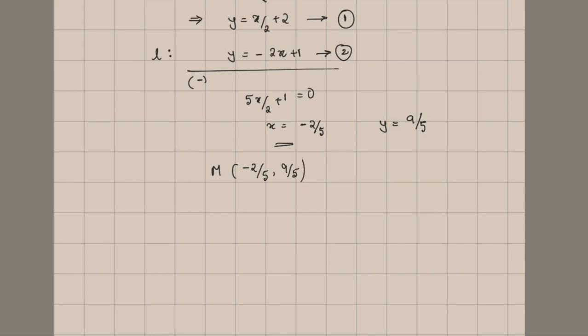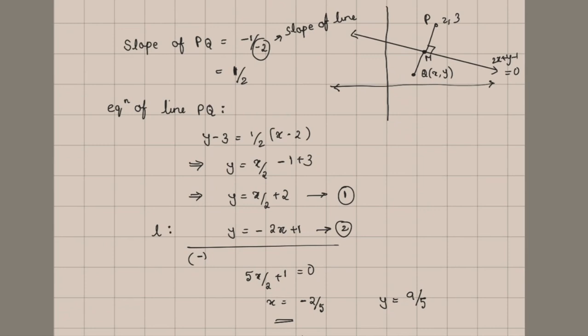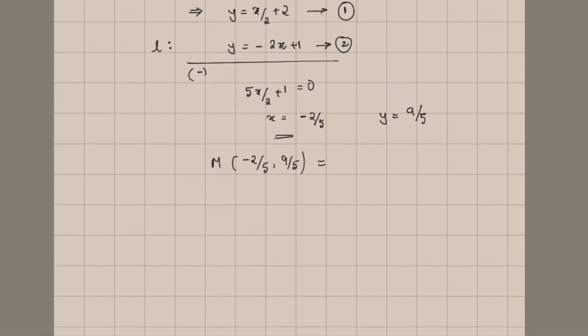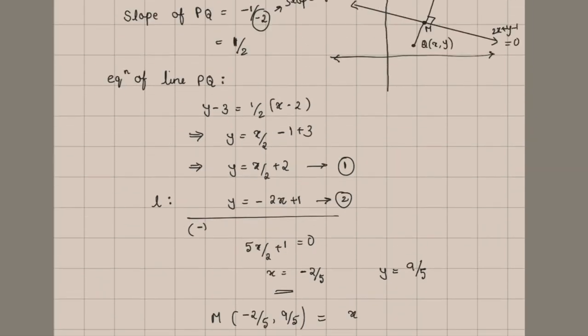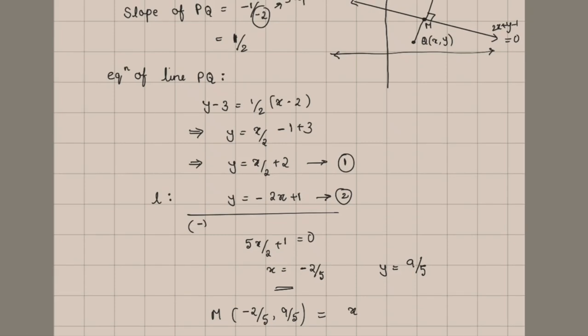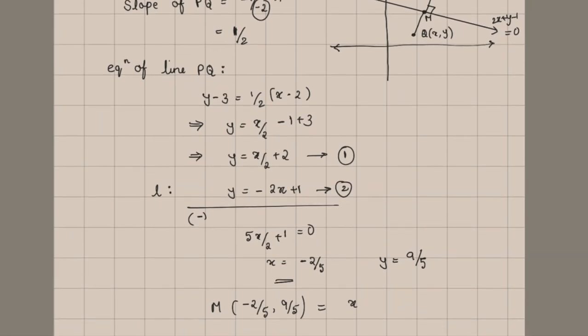But we know M is the midpoint of object P and image Q. Let's say this M is (-2/5, 9/5).